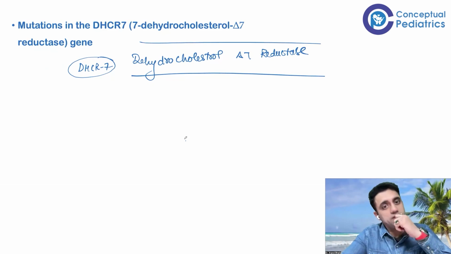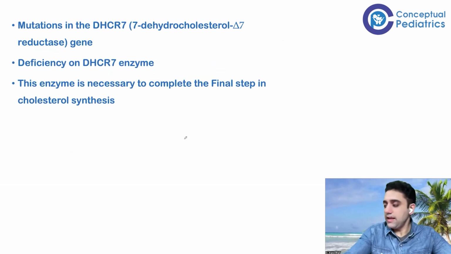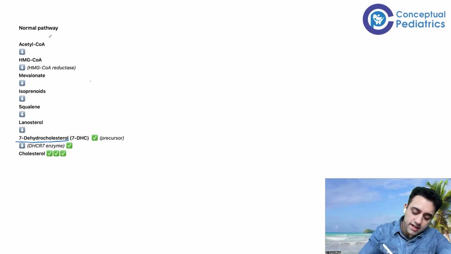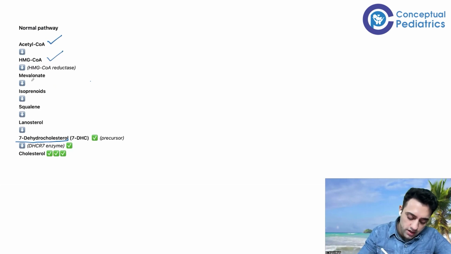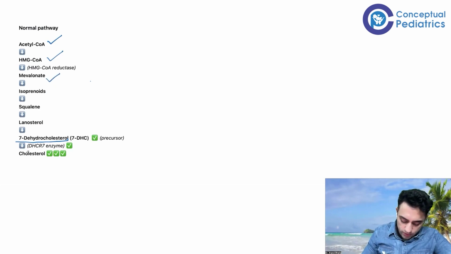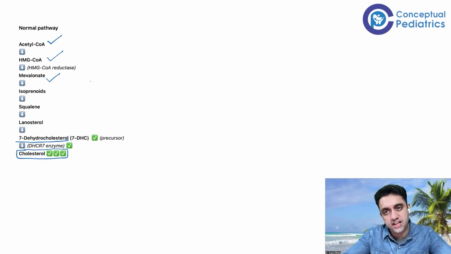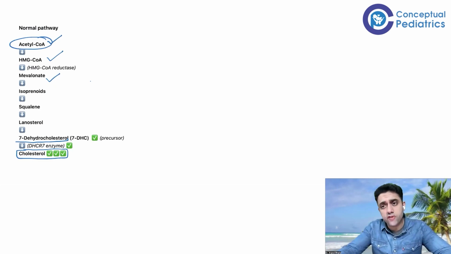So when there is a mutation in the 7-dehydrocholesterol reductase enzyme, you should know what the normal pathway for cholesterol is. Remember, acetyl CoA gets converted into HMG CoA, which converts into mevalonate, and the whole story is about cholesterol.